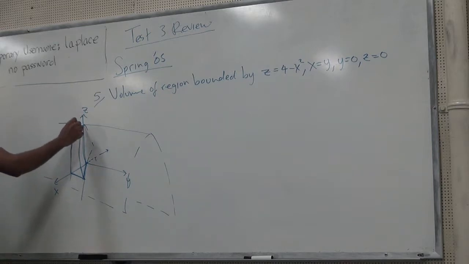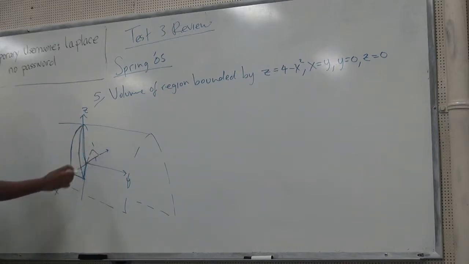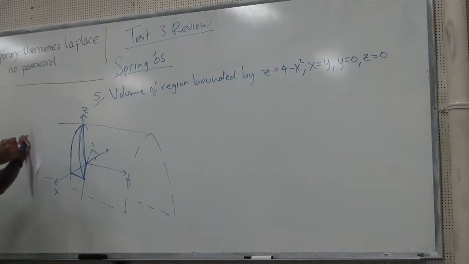Well, then that would give you another slice. Four minus x squared, x equals y. It'd give you the same volume either way.